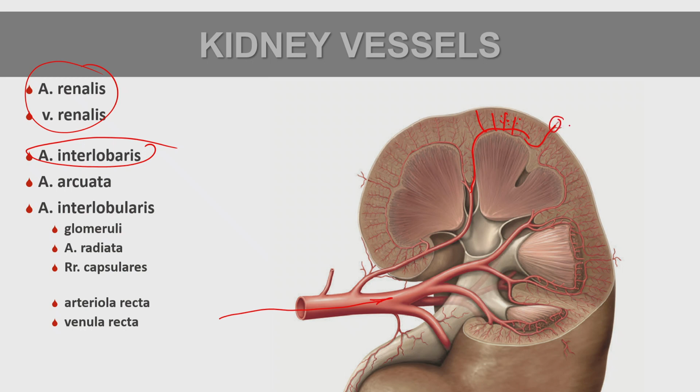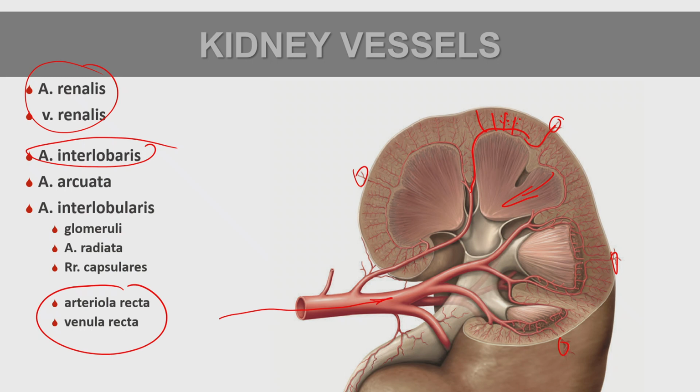And finally we have some capsular arteries going to the capsule. Those radiate arteries bear glomeruli, but we have different arteries which enter the medulla again, and those are called arteriola recta and backwards venula recta.